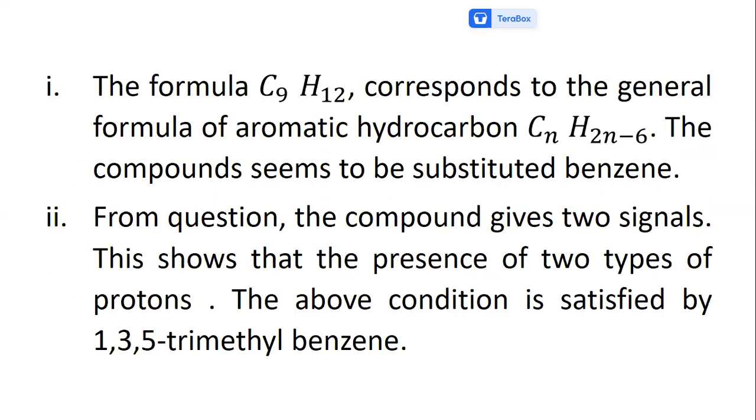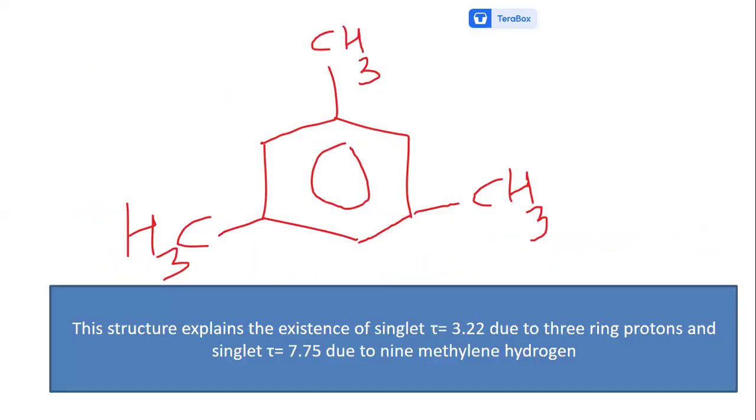The formula C9H12 corresponds to the general formula of aromatic hydrocarbons, CnH2n-6, so the compound seems to be a substituted benzene. The compound gives two signals, showing two types of protons. This condition is satisfied by 1,3,5-trimethylbenzene. This structure explains the singlet at tau 3.22 due to 3 ring protons and the singlet at tau 7.75 due to 9 methyl hydrogens.